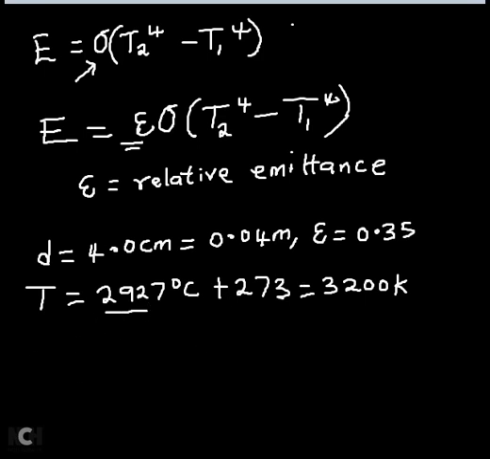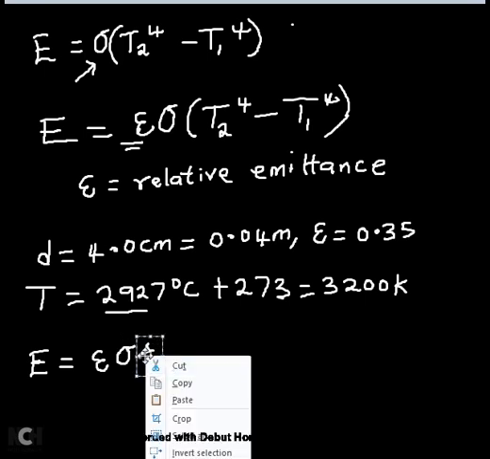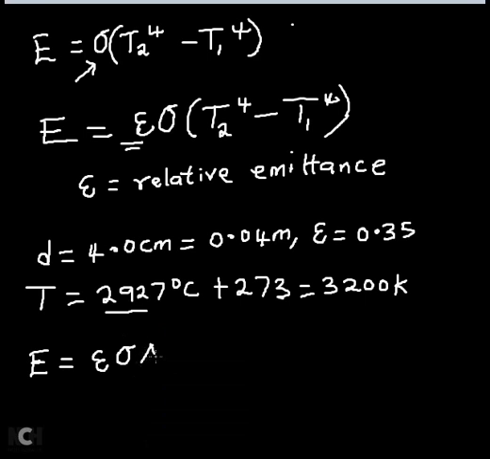Then, to get the rate of emission of energy radiation, you know the formula: it is equal to the emissivity, multiplied by the Stefan-Boltzmann constant, times the area of the tungsten ball, then times the temperature raised to the power of 4.